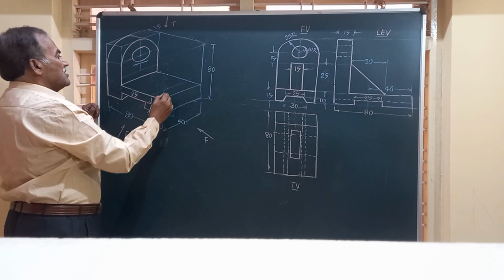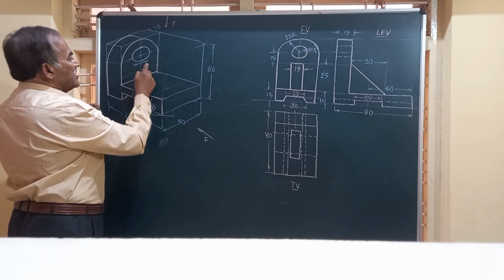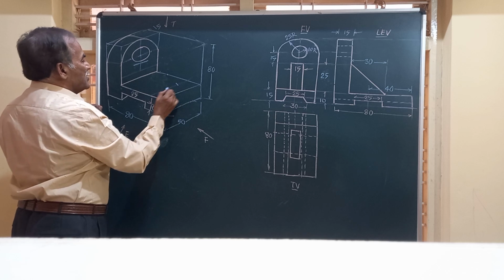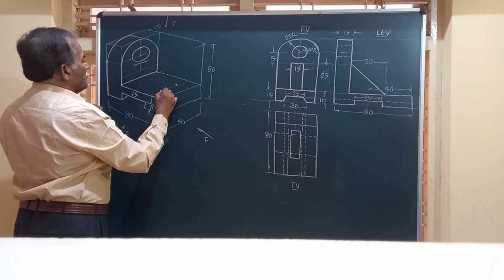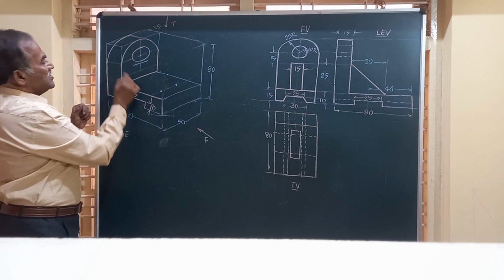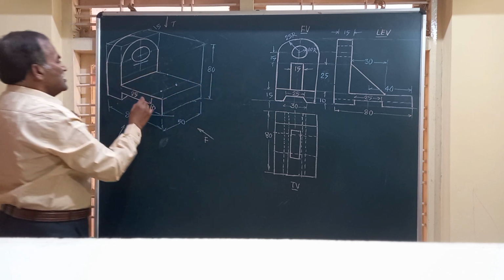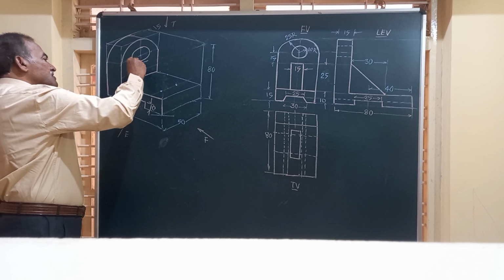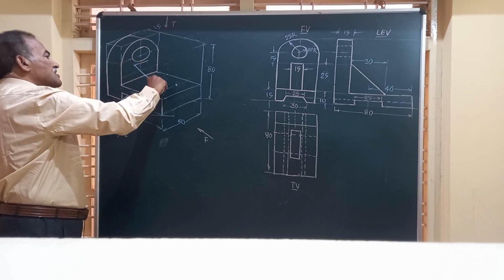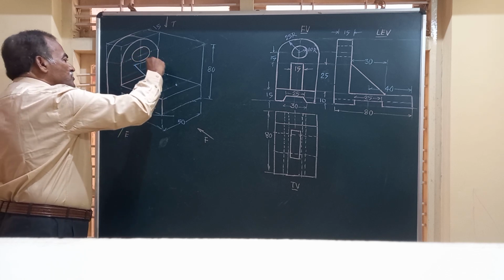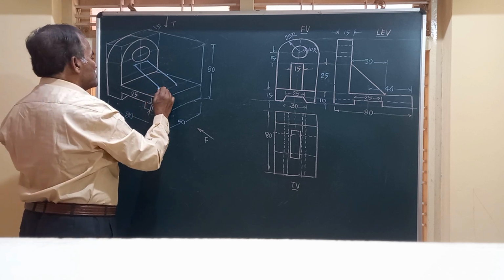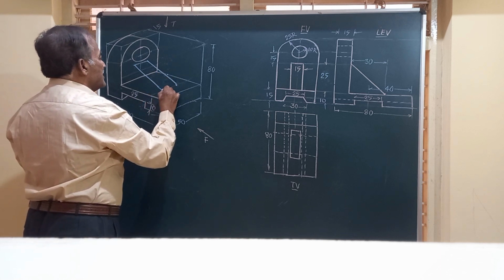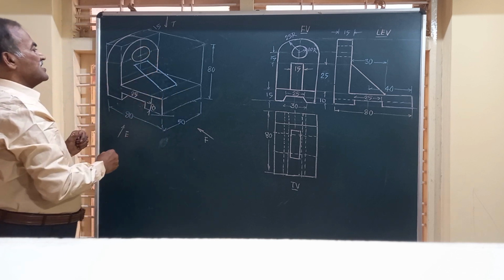Here, friends, we have to mark this dimension in the same way. So, friends, I am going to have one point here and the other point here. So, this is a sloping surface you can see, and in the end view, friend, you can join this with this, and again this to be joined to this. Friends, we have joined these two, and this is how the sloping surface is there.